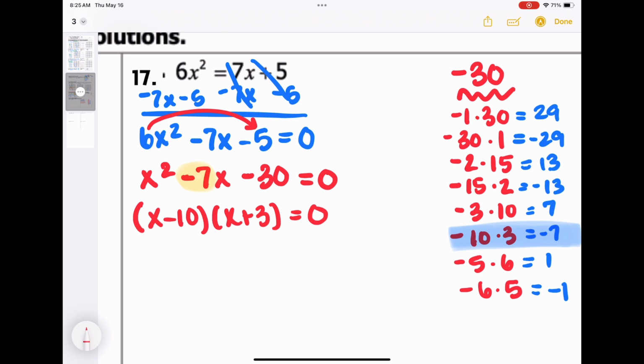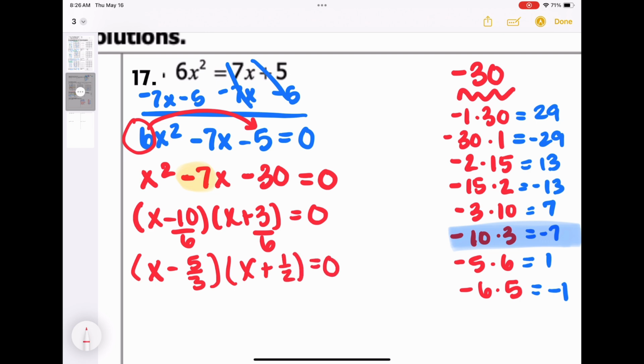Now before I break it apart and solve for x, I need to go back and divide those numbers by that 6 that was in front. So if you divide these numbers and you get a decimal, go back and simplify the fraction and just keep it in fraction form. So I'm going to have x minus 5/3 and then x plus 1/2 equals 0.